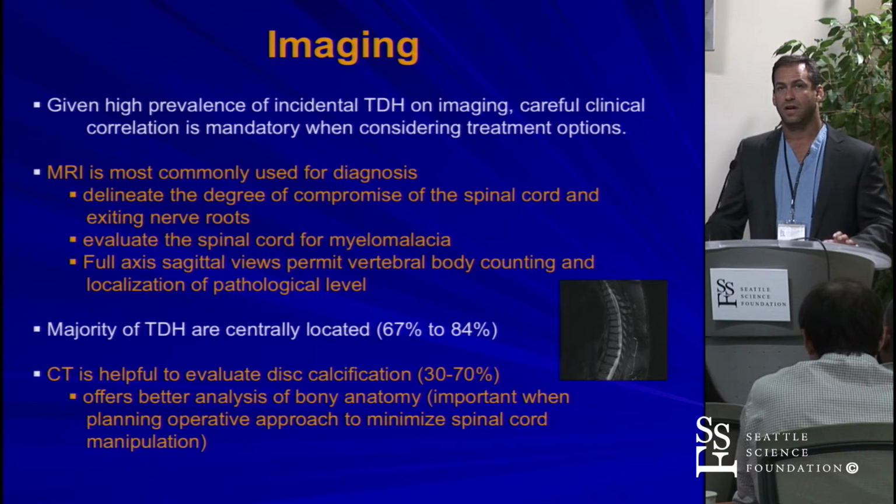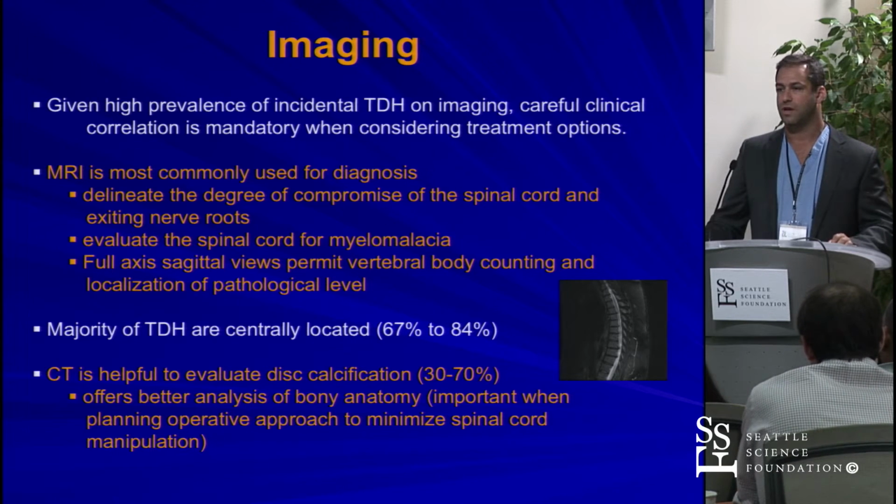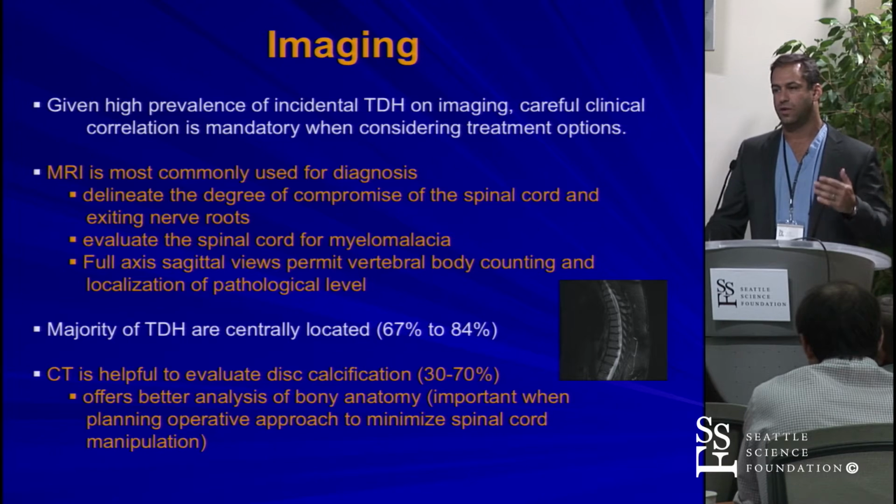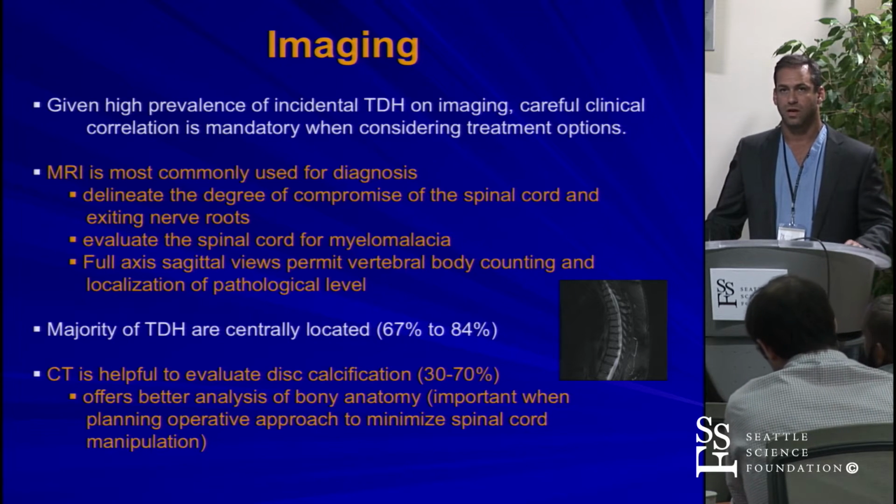So imaging, given the high prevalence of disc herniations on imaging, is incredibly important. And this isn't just with thoracic herniations, of course, this is with any type of pathology we're looking at. It's very, very important to correlate our imaging with the patient's clinical presentation.